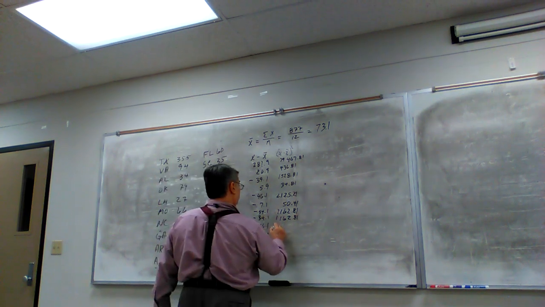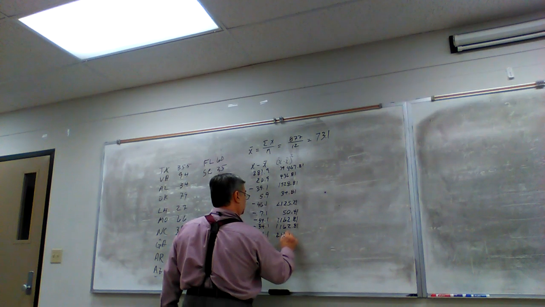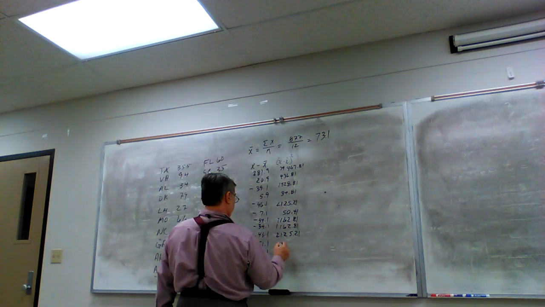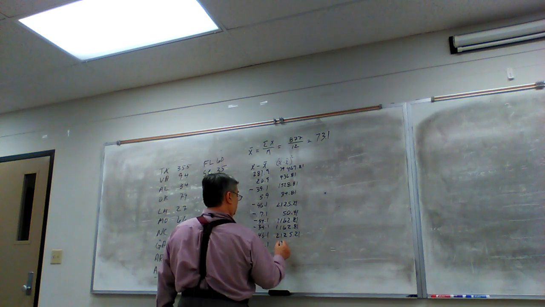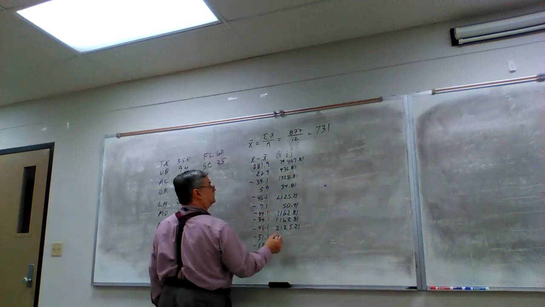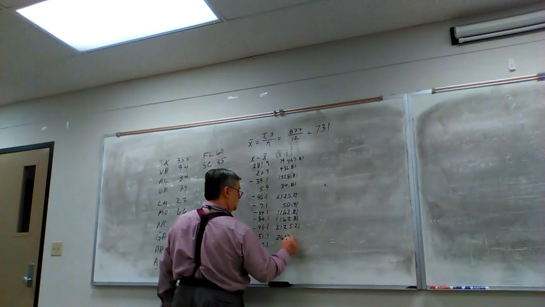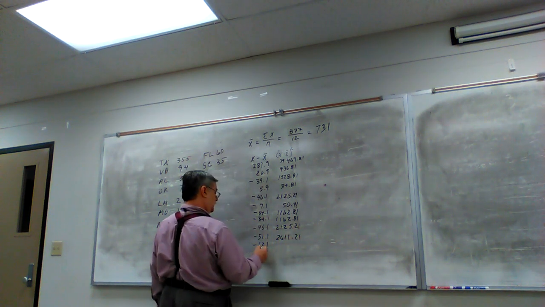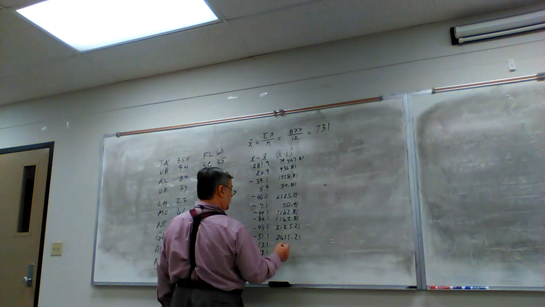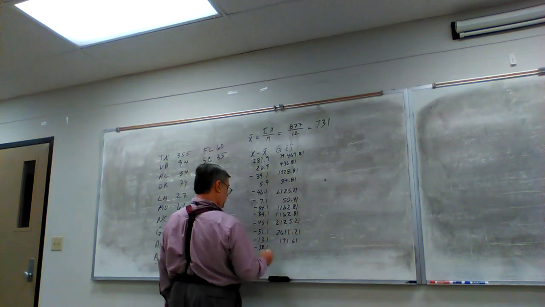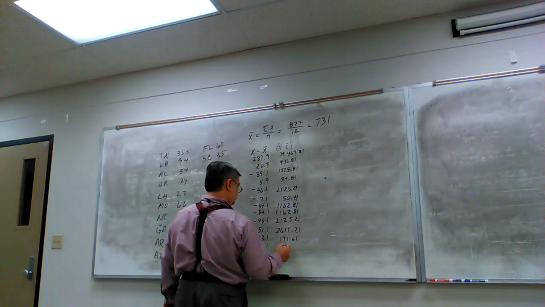46.1 squared is still 2125.21. 51.1 squared is 13.1 squared. And 38.1.